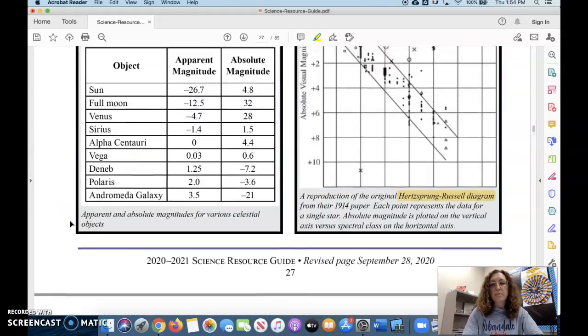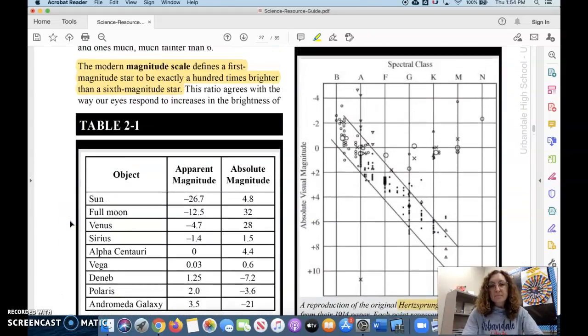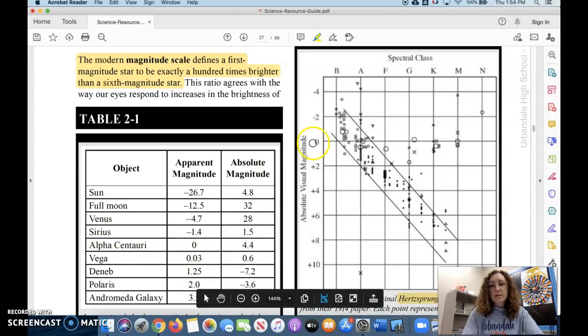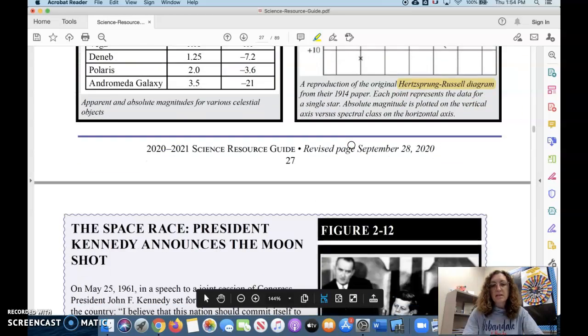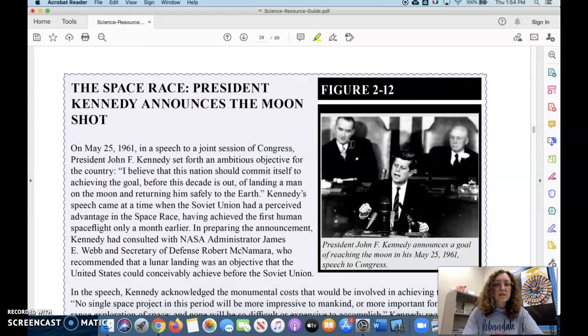So now let's go back up here. The luminosity and the temperature in the HR diagram. Notice how there are some stars that really just don't seem to fit in logical space. We're going to talk about that as we talk more about the HR diagrams.